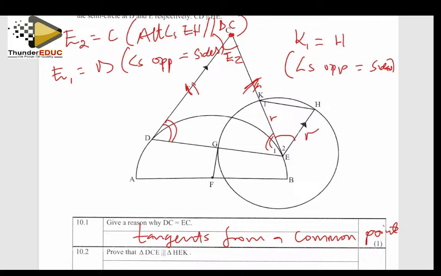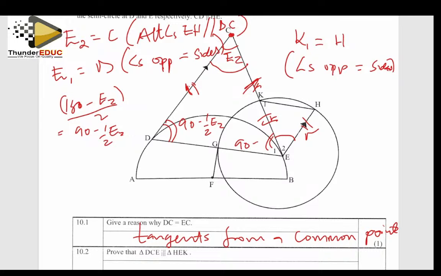But now, if this is the same as that, and this is also the same as that, if I were to call this E2, this angle here will be 180 minus E2, and then we divide this by 2, which would be 90 minus a half E2. So 90 minus a half E2, same applies to this, 90 minus a half E2.